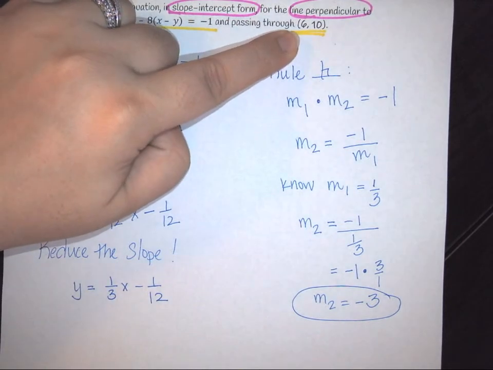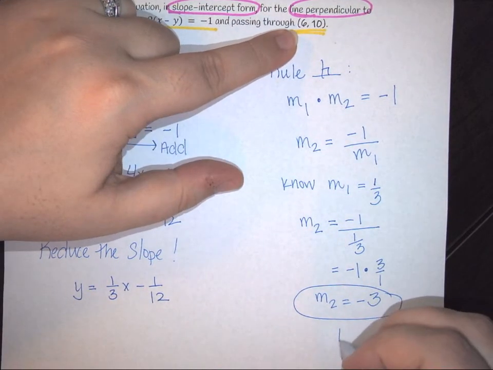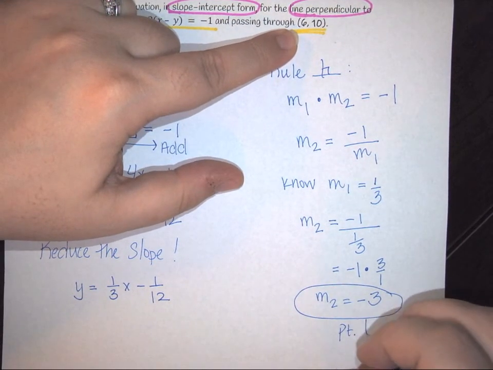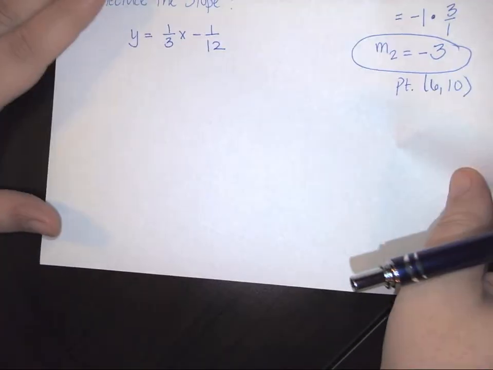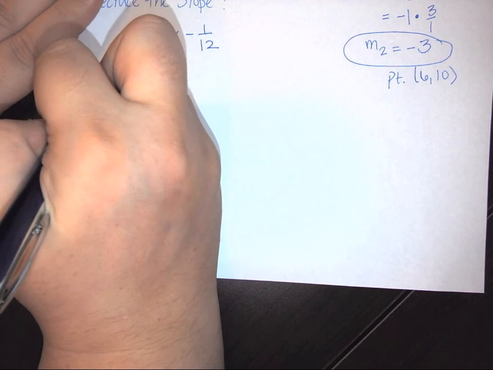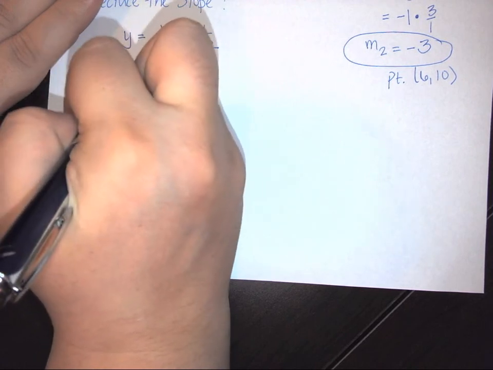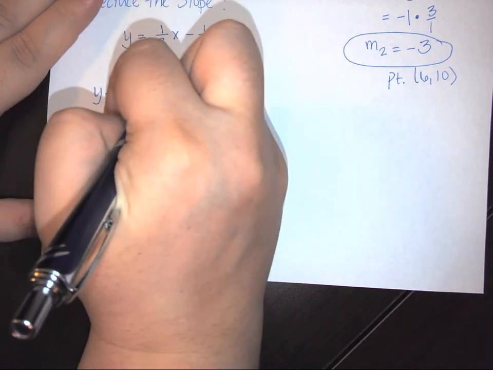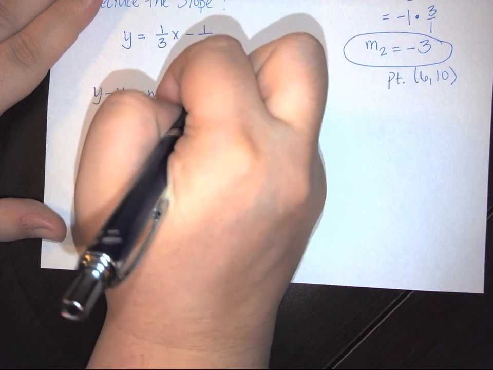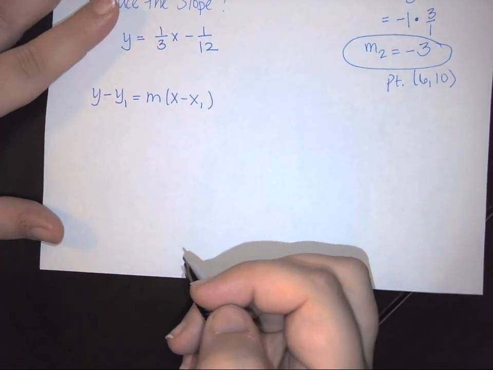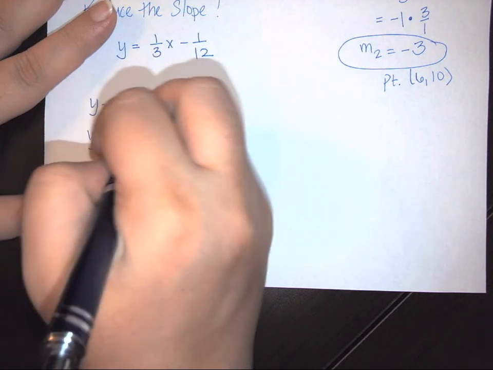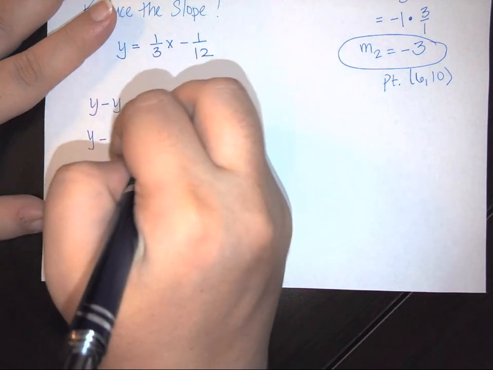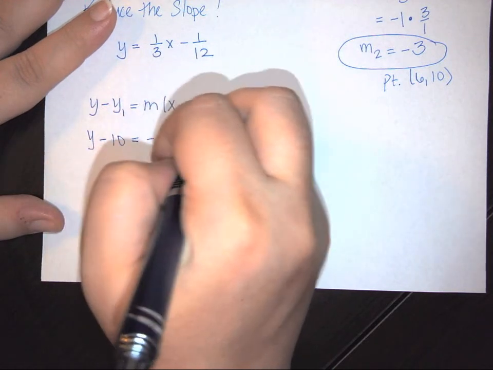Here is my point. So I've got my slope, I've got my point at 6, 10. So all I have to do here is start with point slope. Y minus y1 equals m times x minus x1. So here this becomes y minus 10 is equal to negative 3 times x minus 6.